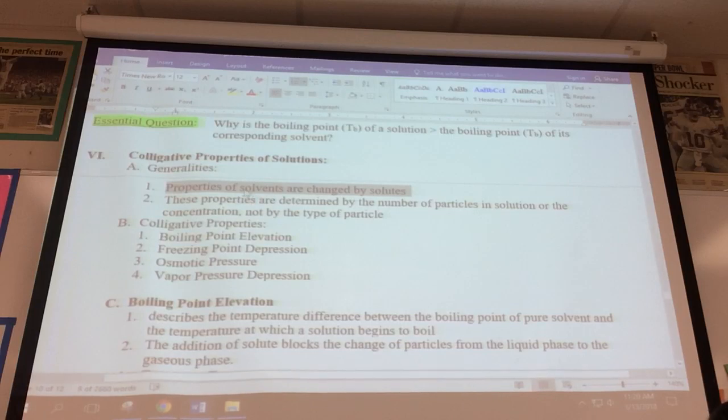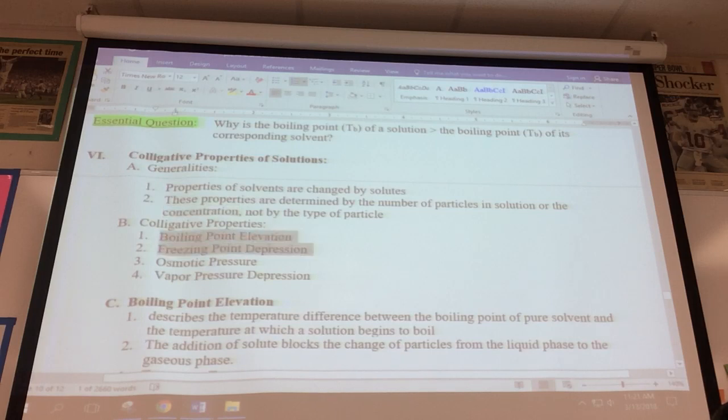The properties, that is colligative properties, are determined by how many particles you have in solution. We'll talk about that. That's determined by whether you have a covalent or an ionic substance. And if you have an ionic substance, you need to calculate how many ions are present based on a balanced equation. It's also determined by concentration, not by the type of particle.